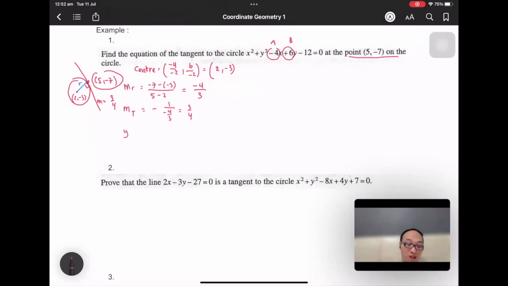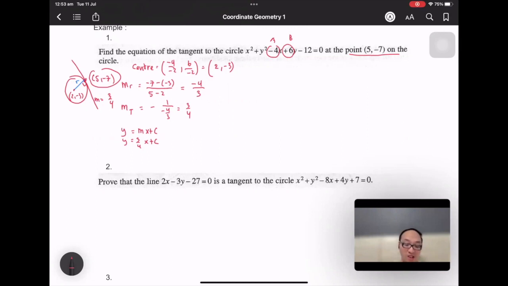So the equation of the line is y equals mx plus c, so y equals 3 over 4 x plus c. Find c by replacing the coordinates. So we have negative 7 equals 3 over 4 times 5 plus c, so negative 7 equals 15 over 4 plus c.